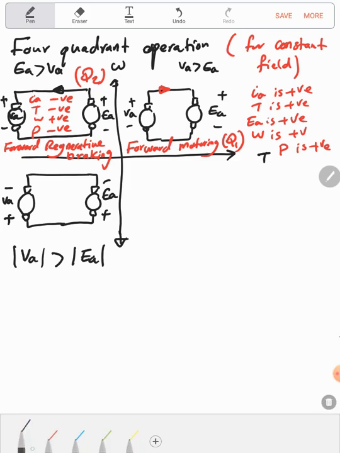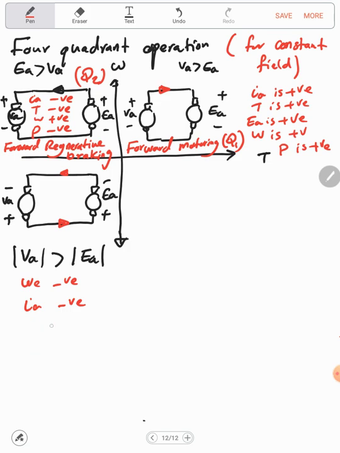Here omega E is negative. And because the absolute value of VA is greater than the absolute value of EA, the current will flow in the following direction. So now here the current IA is negative, which means that the torque is negative, which means the power will be positive.